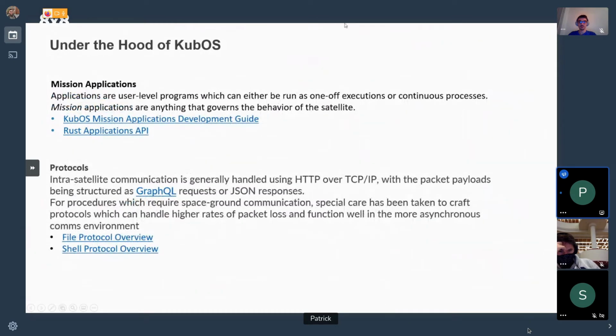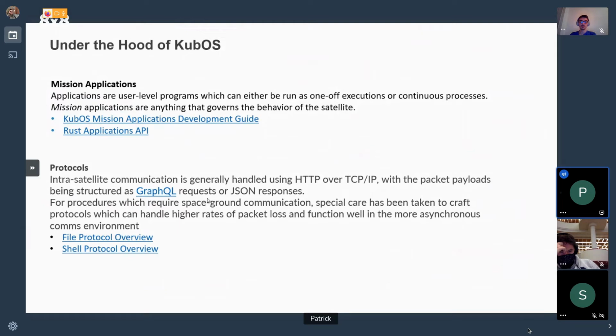Then the next thing above those services are the mission applications, user-level programs. You can command the services via GraphQL requests to do what you want.